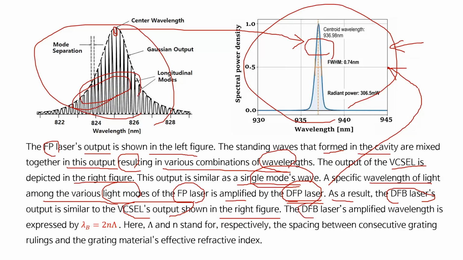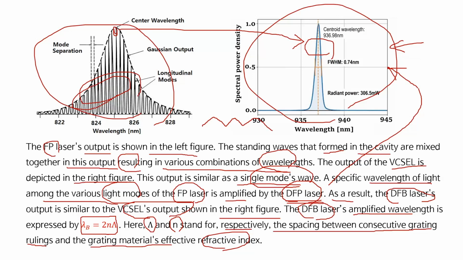The DFB laser's amplified wavelength is expressed by this equation. Here, lambda and n stand respectively for the spacing between consecutive grating rulings and the grating material's effective refractive index. So the grating is given by this figure.